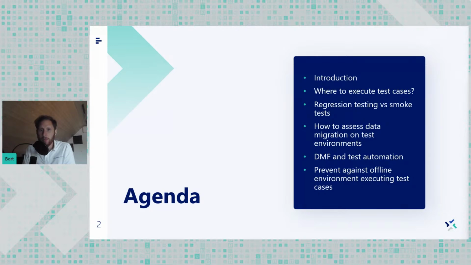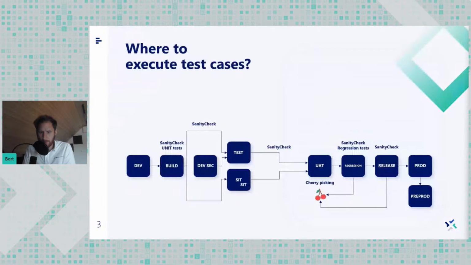But we're going to start with a quick graph to outline the environments and ideas where to execute test cases. As you see now, finance and operations gives you the possibility to host a lot of applications, and you can have a different set of finance and operations instances, sandboxes.